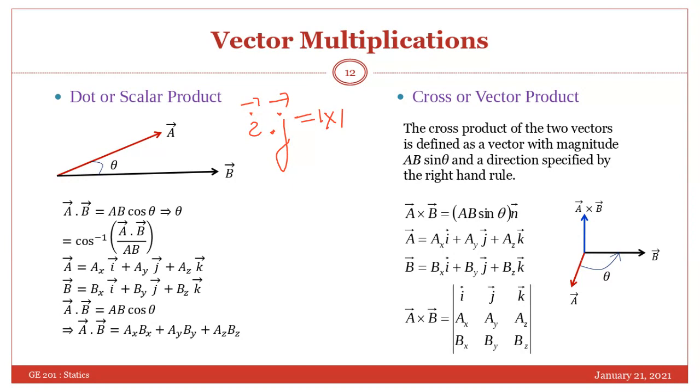The magnitude of vector I is 1, the magnitude of vector J is 1, and the angle between them is 90 degrees, because if I call this the x-axis and this the y-axis, then your I is this one and your J is this one.